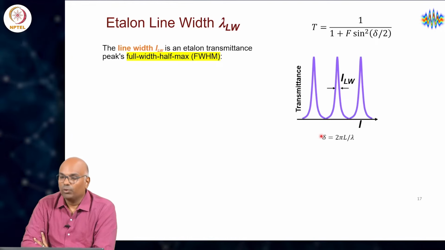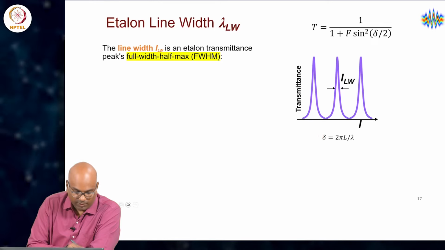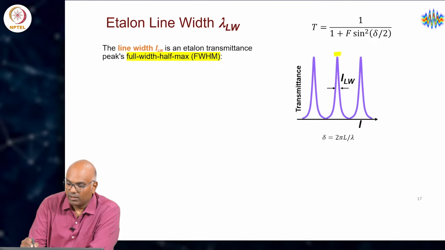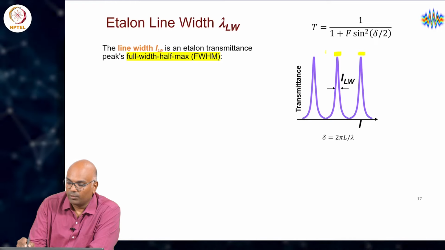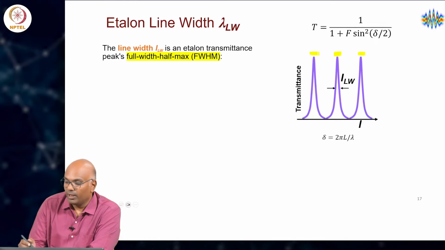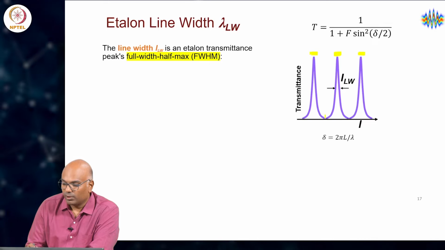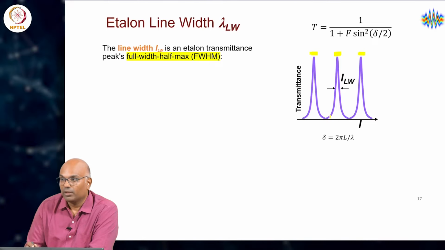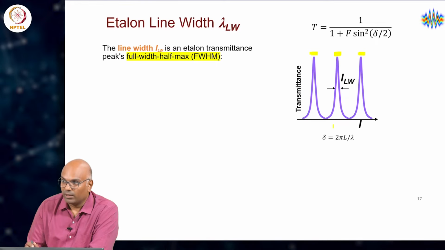There we noted the contrast between the maximum transmittance, which in the idealized case happened to be unity, and the minimum transmittance, which was closest to 0 for the highest f value, which was 200.